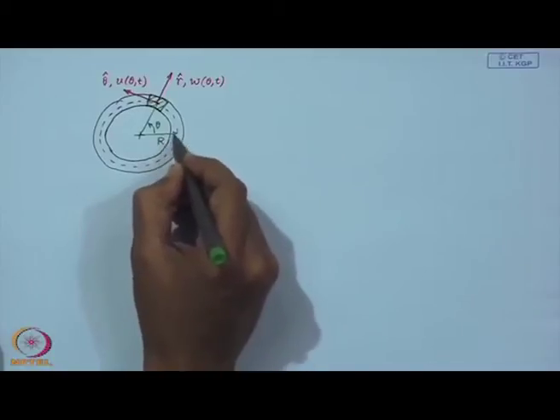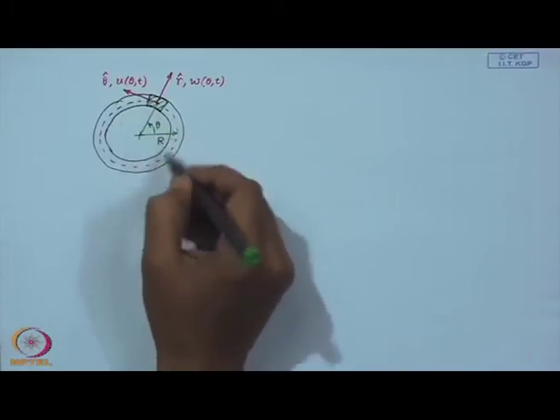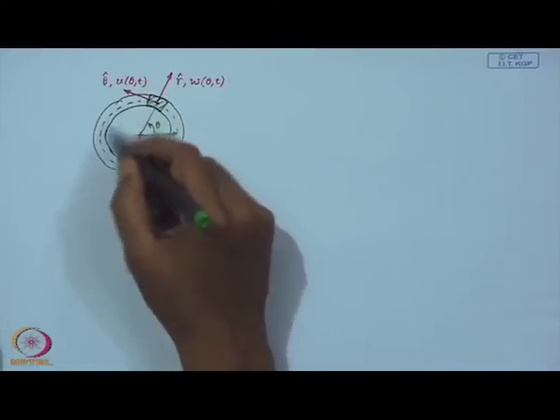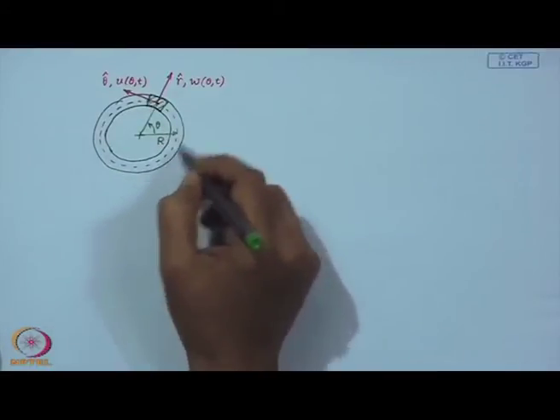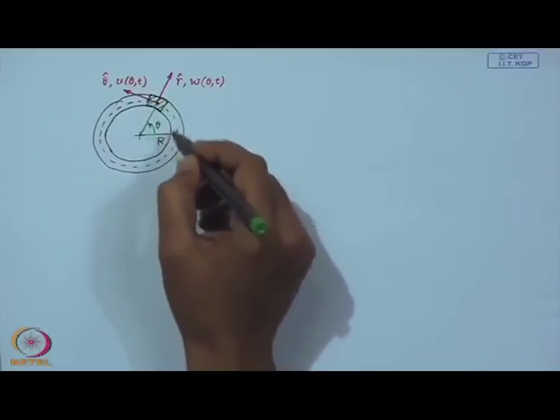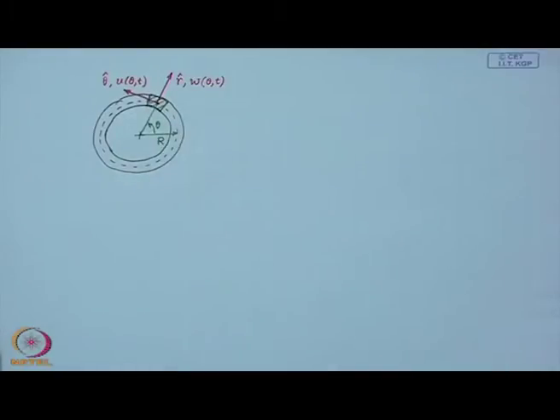The radius of this circle, the dashed circle, which we will consider as the neutral fiber, has a radius r, which is constant as we have assumed.